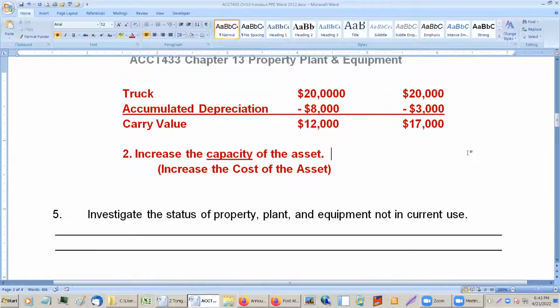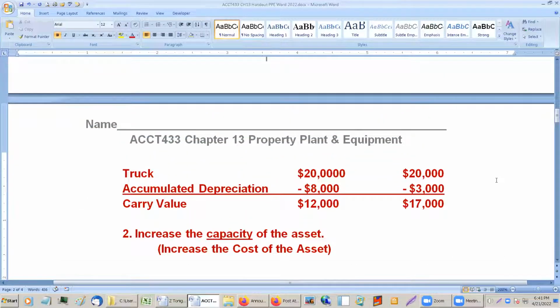Okay, so let's say that this, let's get a number that's not up there. 6,000. Let's say you spend $6,000 to increase the capacity.